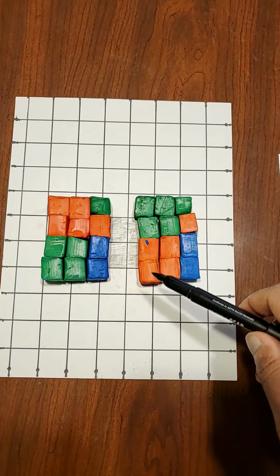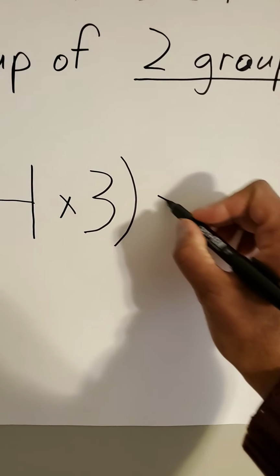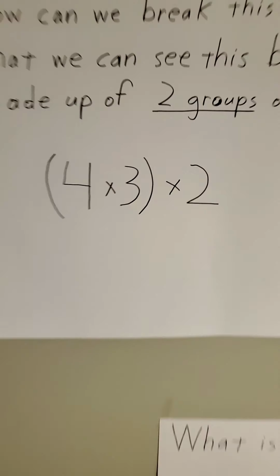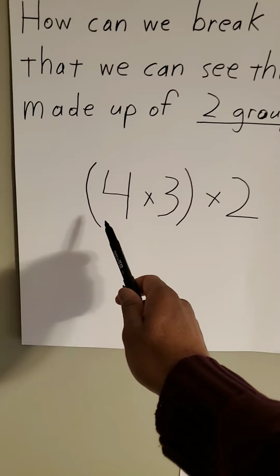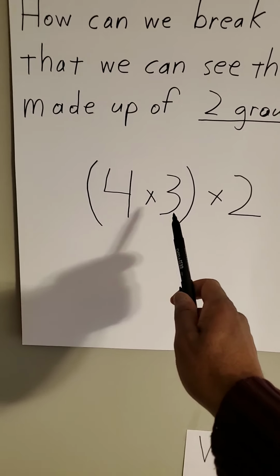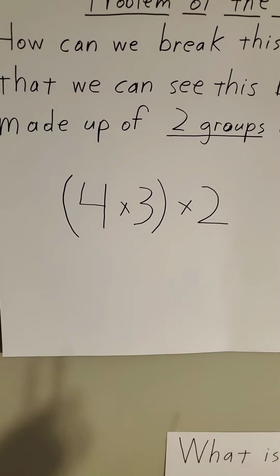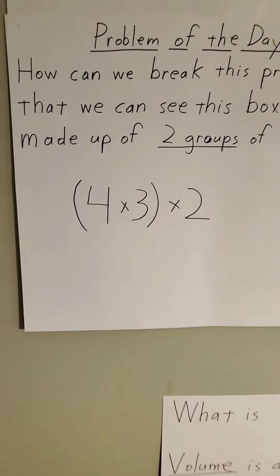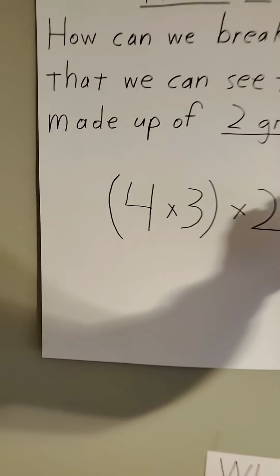Is this object 4 inches long times 3 inches wide also? It is. And how many of these objects do I have? 1, 2. Since I have 2 objects, this shows each group has 4 times 3, and this 2 shows that we have 2 of these. So our equation is 4 times 3 times 2.